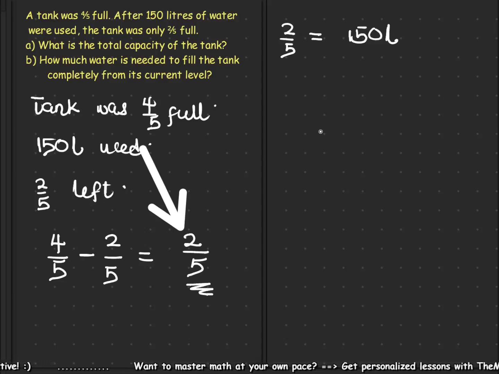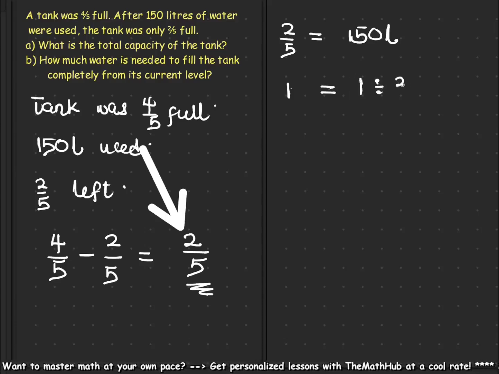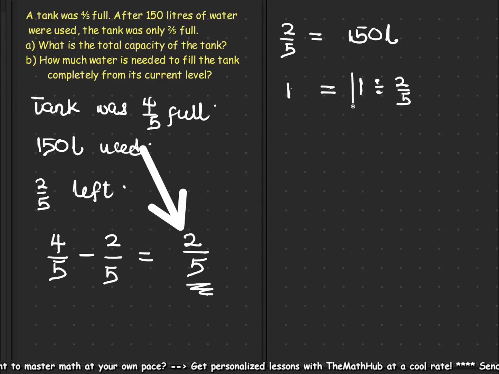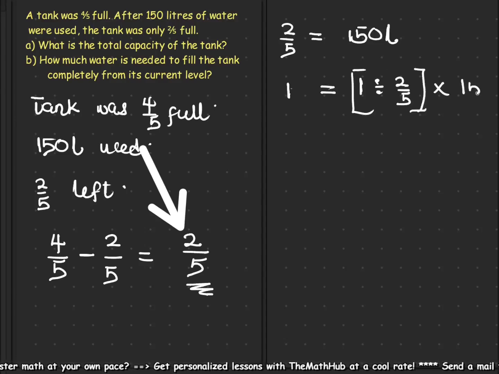The total capacity is going to be 1. So 1 will be equal to what? And it will definitely be more. We say if more, less divide. So that is, we have 1 divided by 2/5, after which we multiply by 150.